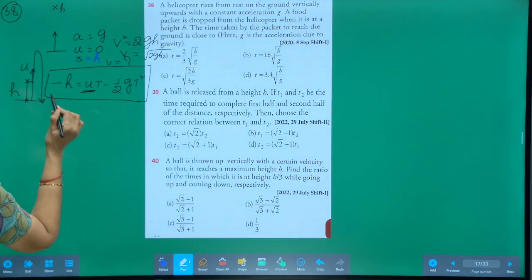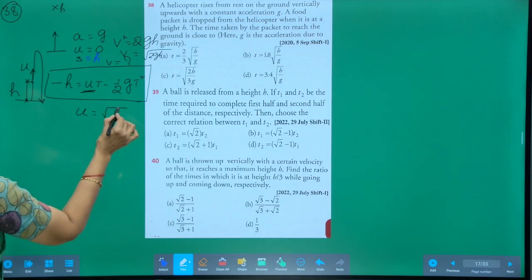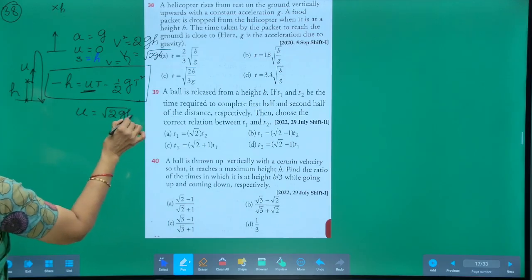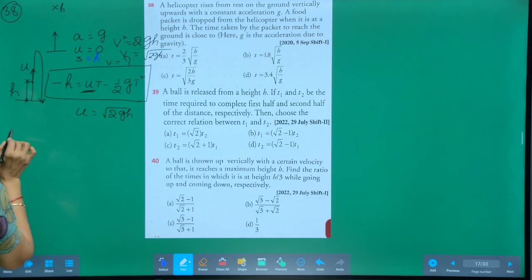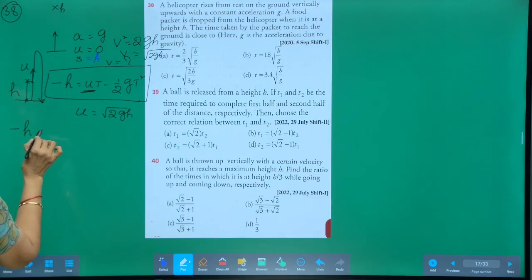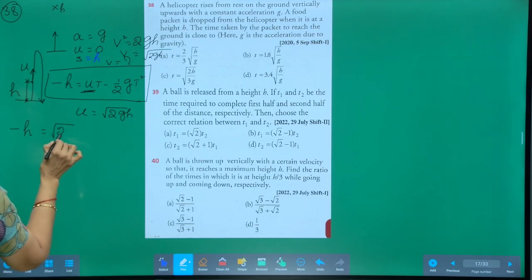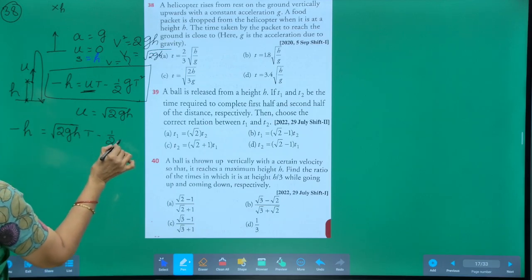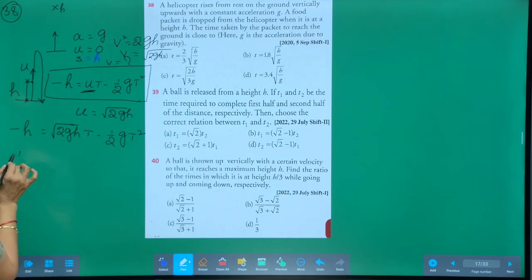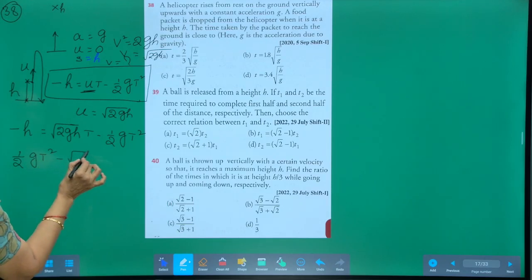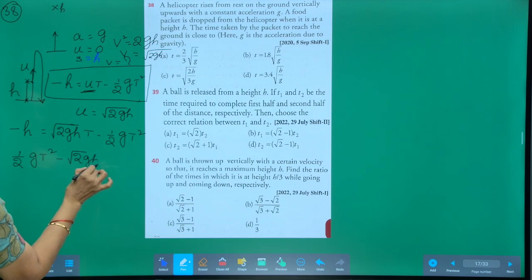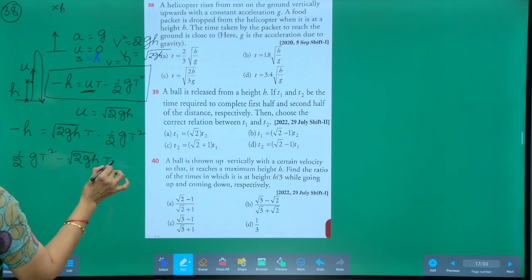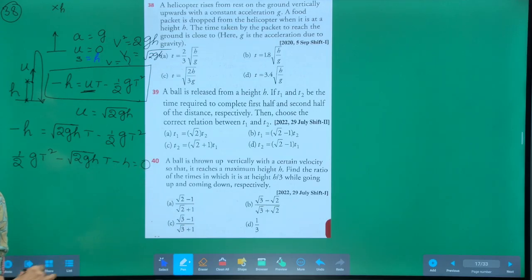So in this formula, u is equal to root 2gh. Let us substitute that over here. Minus h is equal to root 2gh t minus half g t square. We need to find t here. So let us bring that to this side: half g t square minus root 2gh into t minus h is equal to 0.